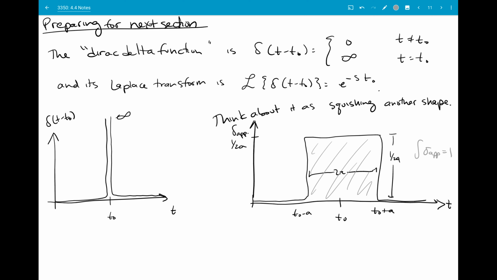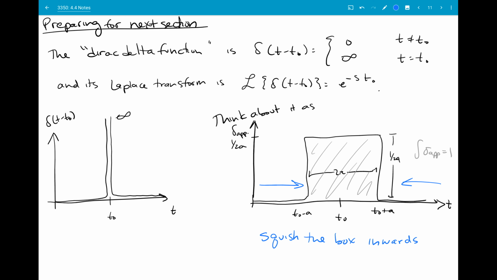And then I want you to imagine that we just took this box and we squished it. We pushed it in on both sides. Now it's a taller box. The same area had to fit under the curve. I squished it, the curve started to go up.